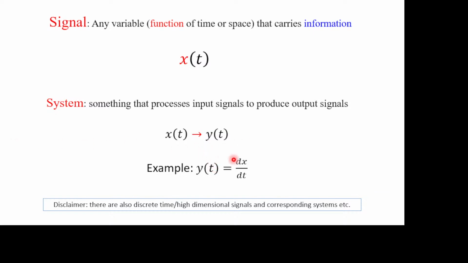Right? So y of t equal to dx/dt describes the relationship between y of t and x of t. So you can use this system to calculate whatever your output signal is if you are given an input signal. Okay? So everyone okay?